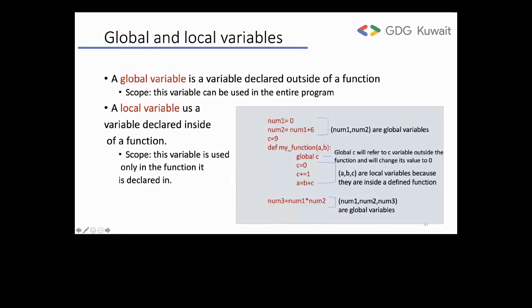Def my_function a comma b. Anything inside, such as c, a, b, these variables and c are local variables. But we can take the value of a global variable and change it, which is c here, c equals 9.